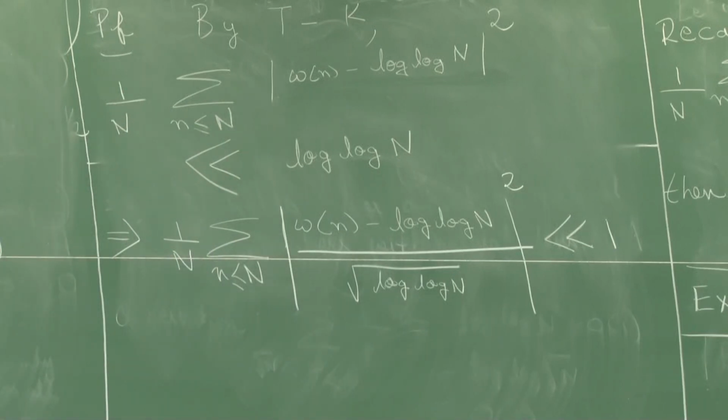Okay. Now what we do is, we are taking any xi of n which is increasing.